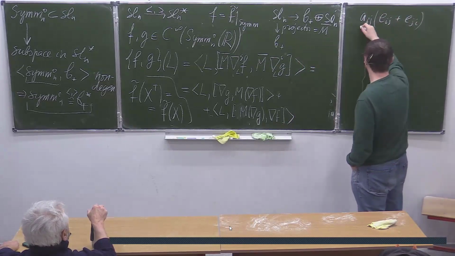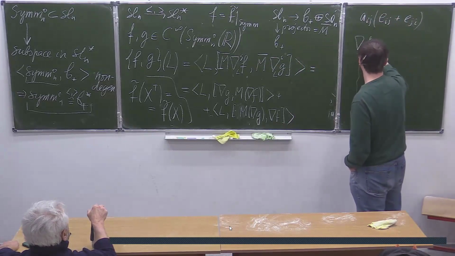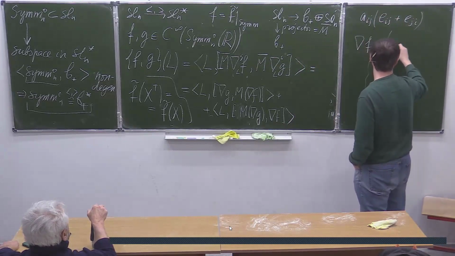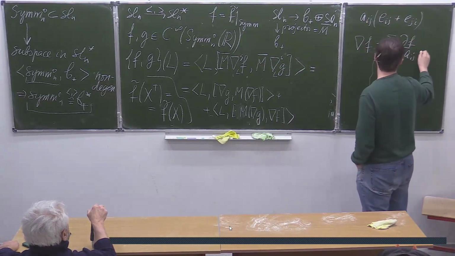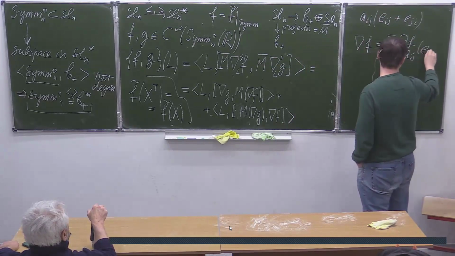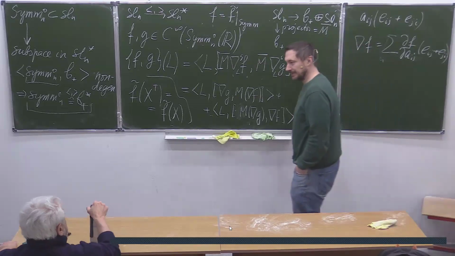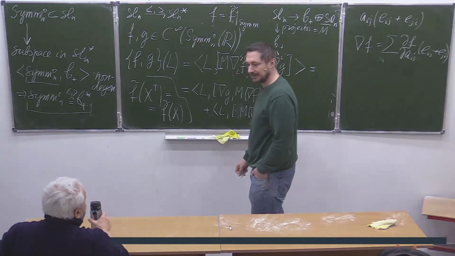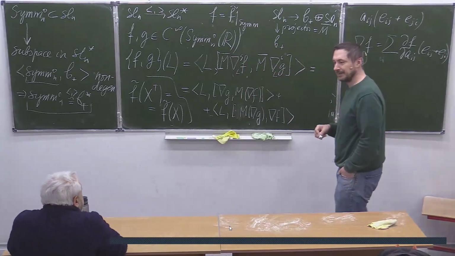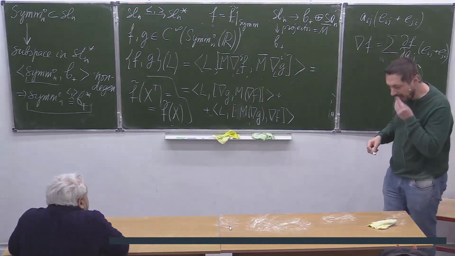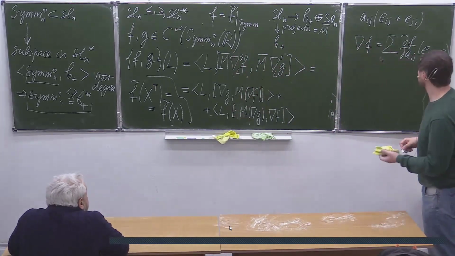So with respect to this basis, I have nabla f is just the sum of df over daij multiplied by this, maybe with 1/2, I just don't remember, up to 1/2, which I omit. Okay, so I have this formula.